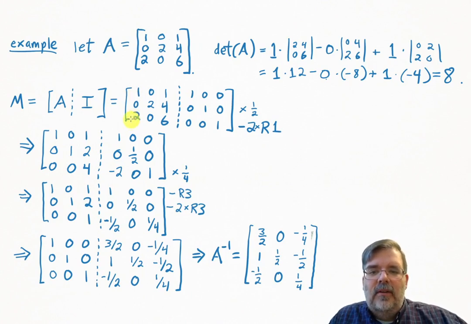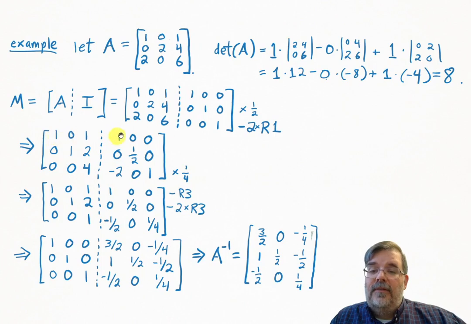This number right here, we can turn into a 0 by subtracting 2 times row 1 from this row. So that explains this row operation right here. From row 3, we will subtract 2 times row 1. At the same time, I can also start working on the next row. I know I want to make this 2 into a 1. So I'm also going to multiply the second row times 1/2.